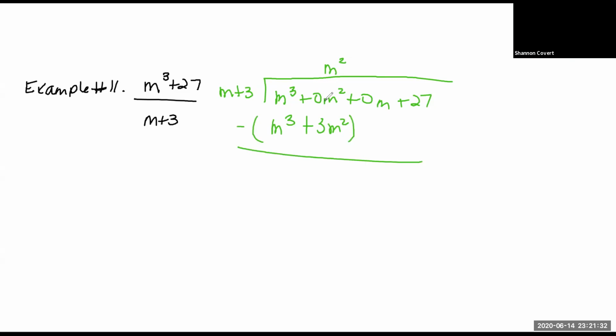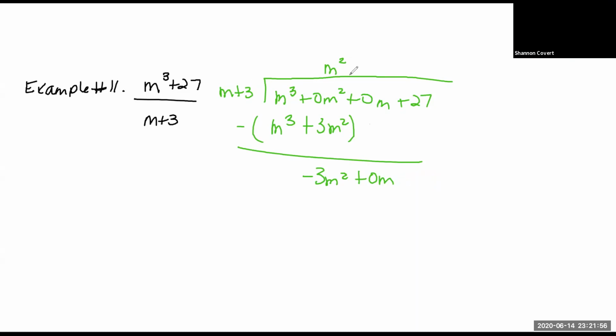I subtract those, I end up with negative 3m squared plus 0m plus 27. I'm going to bring them all down. I guess, no, I won't bring the 27 down yet.